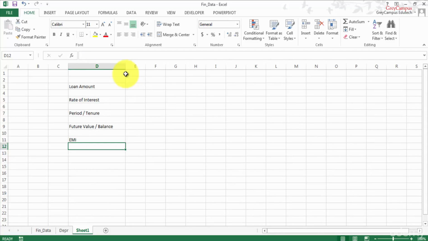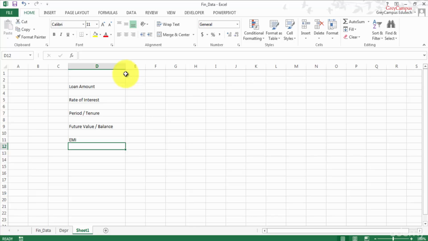So when we talk about financial data, in terms of, let's say, the banking sector, they deal with huge amounts of loans, and they talk about rate of interest and period and tenure and definitely the future value and the balance.